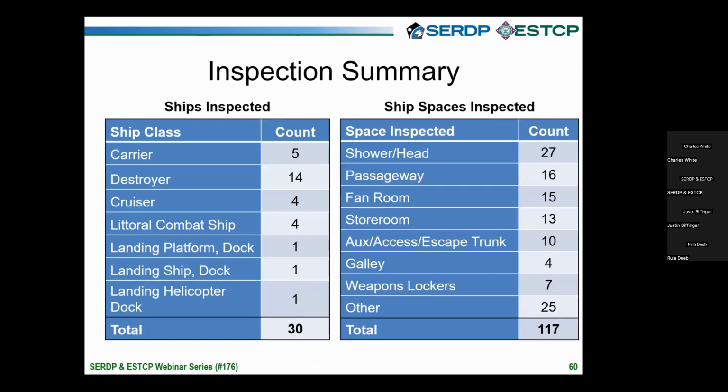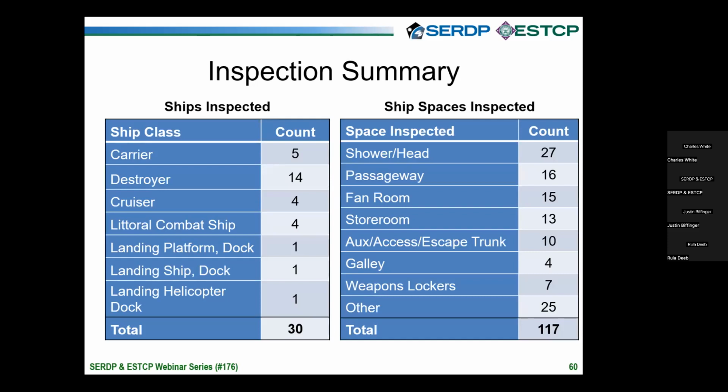As part of this survey, we inspected a total of 30 ships, with carriers and destroyers being the most representative of the fleet and the most common ships in the fleet and the focus of our inspection.